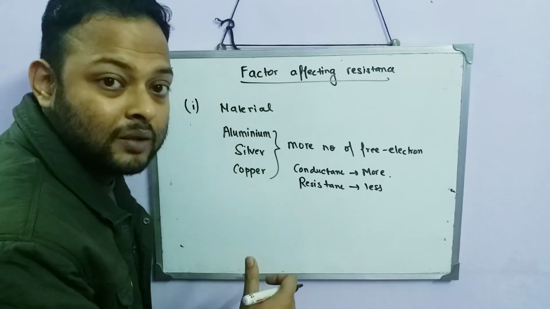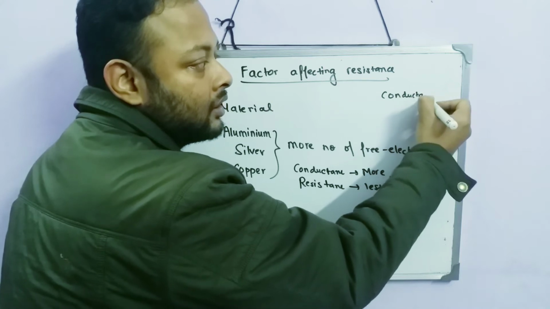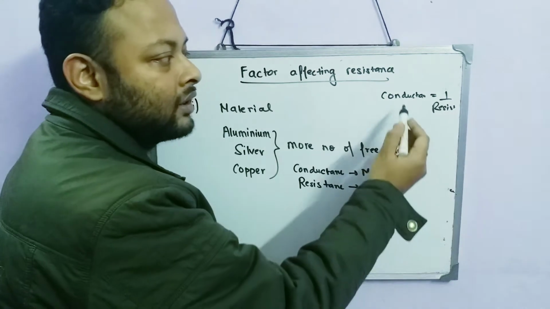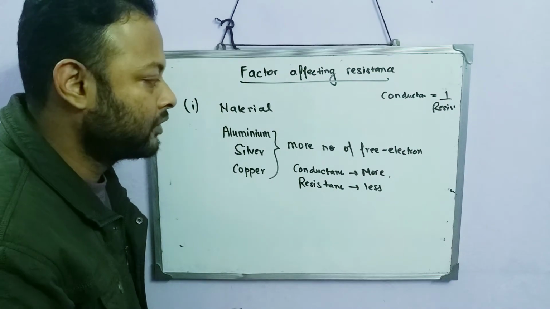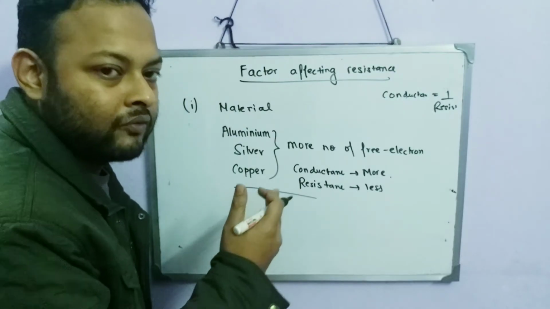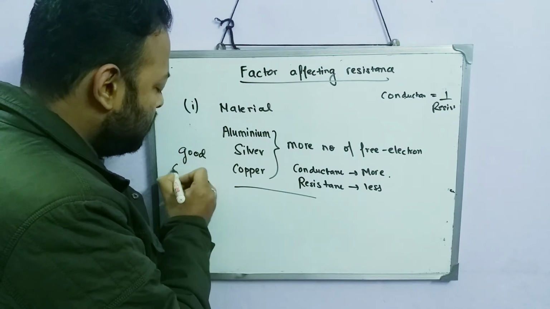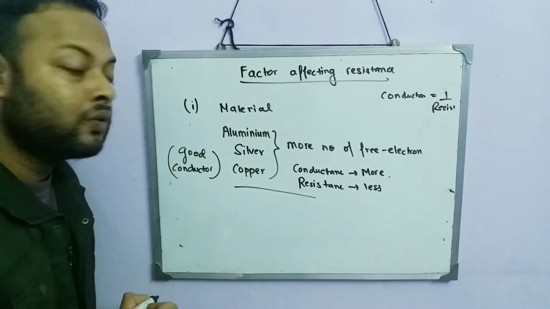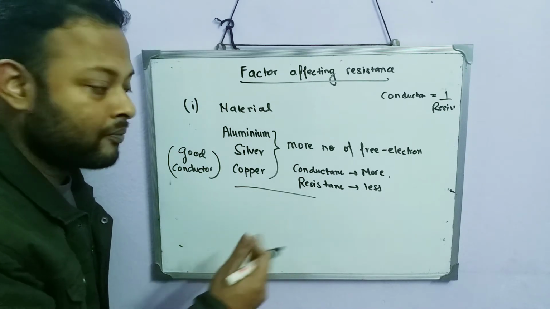We discussed in the previous video that conductance is equal to 1 by resistance. So if conductance becomes more, the resistance will become less because they have an inverse relation. That is why these 3, and there are many more, are called good conductors, because their conductance is more, they conduct electricity more.